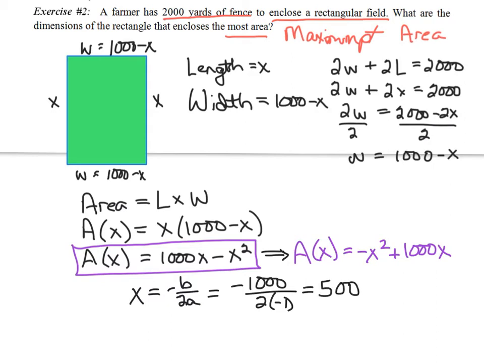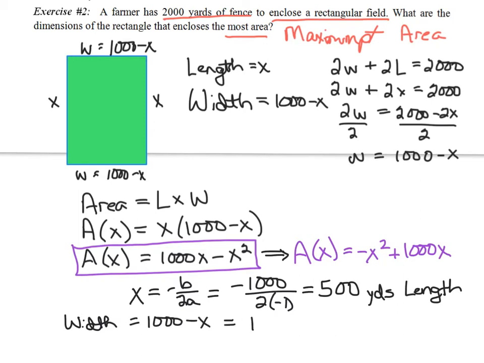Now, because I know that I'm dealing with yards, I'm going to call that 500 yards, because that's my x, that stands for the length of the field. We want the complete dimensions. So if we want the complete dimensions, that means I want to go back and find my width as well. So to find the width, we're going to say 1,000 minus x.